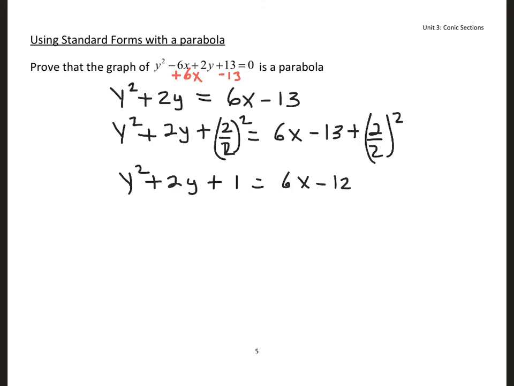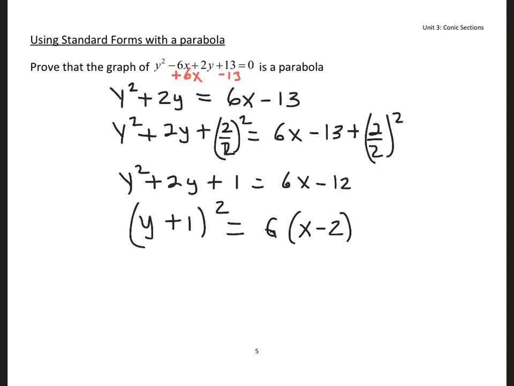Okay, now I just need to factor this side. Is it y minus 2? Not really. So the number in parentheses here should be over 2. So y plus 1 squared is equals to, let me factor the 6 out. So this is going to be x minus 2.